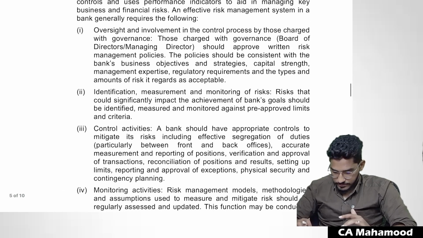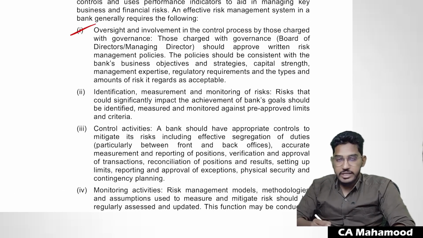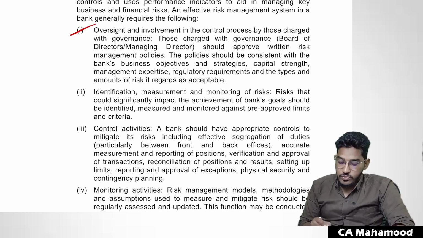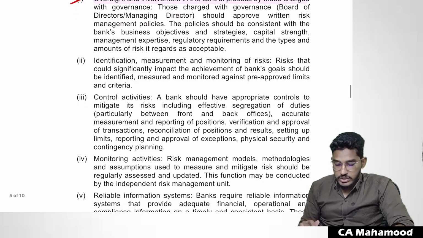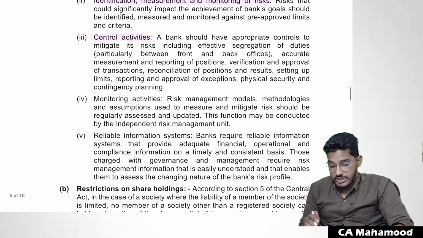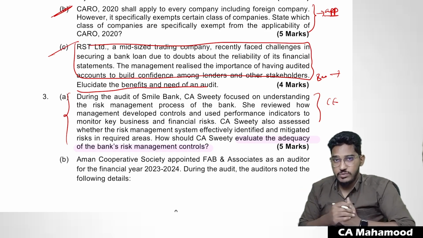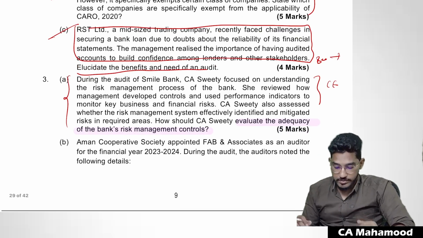No, not this one. Yeah, this one. So how will you get to know whether the bank has an effective risk management system or not? You have to check whether there is involvement by those charged with governance, how they are identifying, measuring and monitoring the risk. Then you have to implement control activities. Just implementing controls will not be enough. You have to even monitor those controls, and even check whatever information systems the bank is using, nothing but whatever technology they are using, whether that technology is reliable or not.